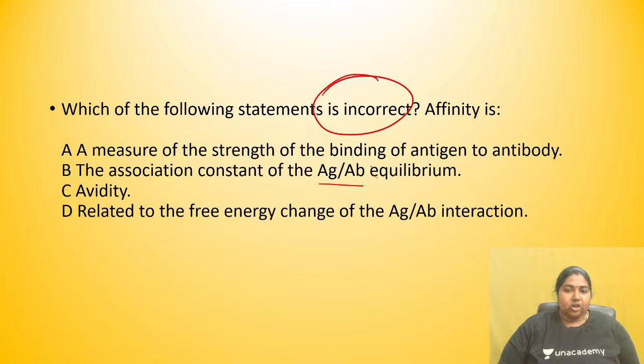Good. The third one talks about avidity. And the fourth one is related to free energy. Very good everyone, that's great. Yes, Sanjay, Anjali, Sati, Shushmita, Firades, Tanya. It is none other than C.